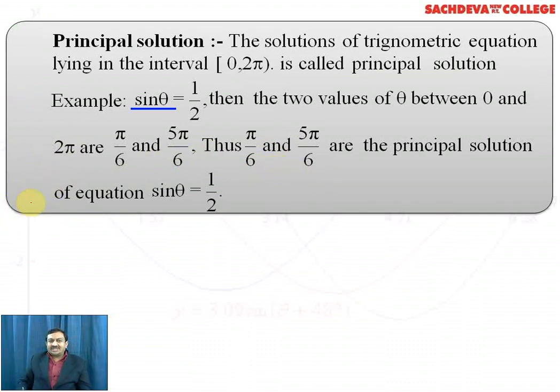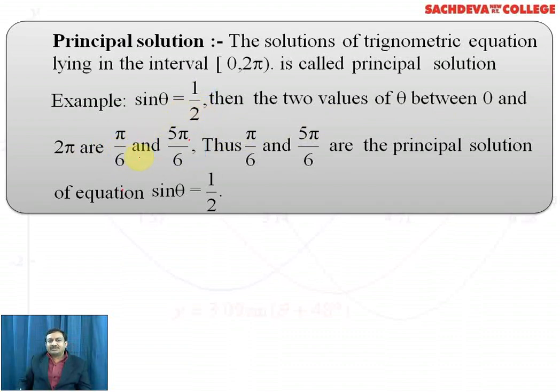For example, sin theta is equal to 1 by 2. We know the principal solution of a trigonometric equation lies between 0 and 2 pi. Here 1 by 2 is a positive value, so sin is positive in the first and second quadrants. It means the principal values of sin theta equal to 1 by 2 lie in the first and second quadrants. In the first quadrant, if theta is pi by 6, then sin pi by 6 is 1 by 2.